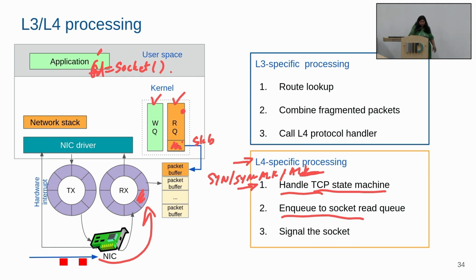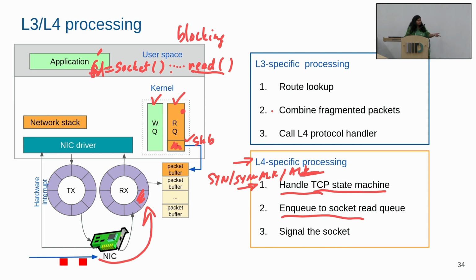So in the read queue, you enqueue the sk_buff, saying that a packet has been received for this socket. And I'm sure you are aware that when you write your client program, after creating a socket, you must have written something like a read sys call for reading the packets. Right now let me assume it's a blocking read sys call, which after executing keeps listening for whether a new packet has arrived.